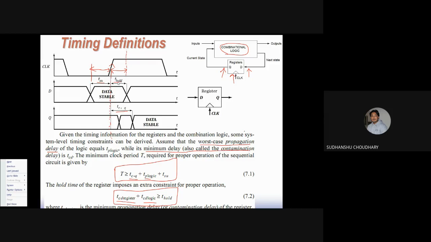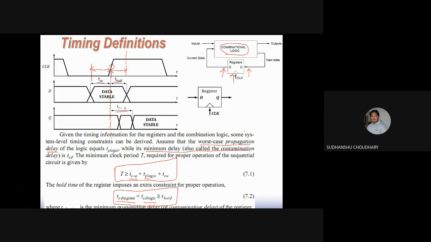The requirement is that the hold time should be less than these two minimum delays of the register plus the combinational logic. So the minimum clock period required for this circuit to work properly should be greater than or equal to the delay of this combinational logic plus the delay of this register plus the setup time, right?